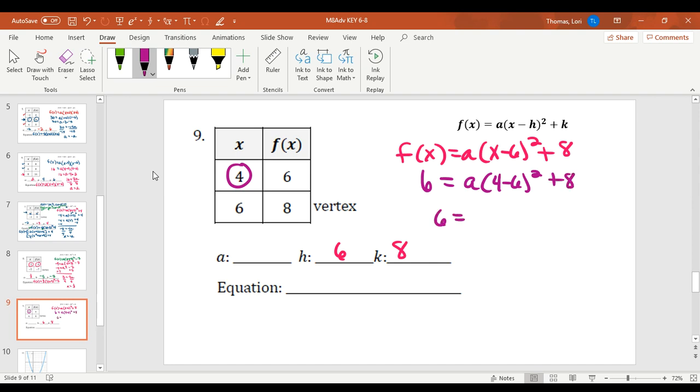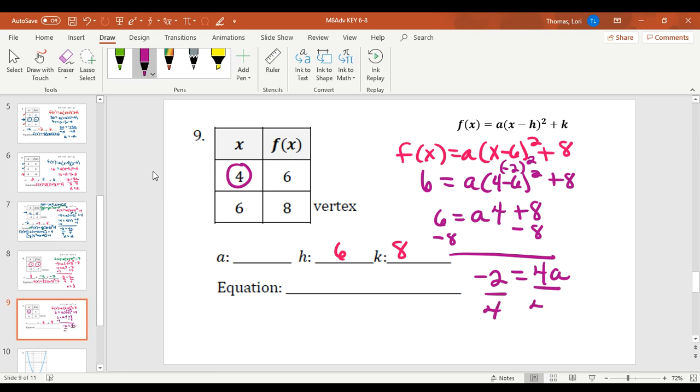Okay, this time remember, when we have 4 minus 6, and that's -2, the negative is also squared. So that's going to give me 4. We're going to subtract 8. Divide each side by the 4. And my a value is negative 1/2. And when we put it all together, we have negative 1/2 x minus 6 quantity squared plus 8.